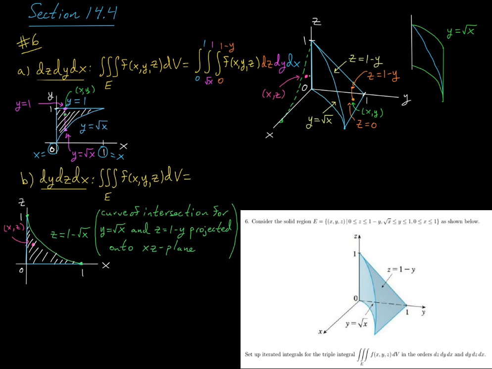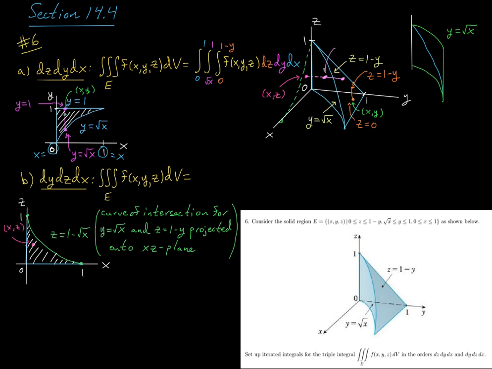So where will y vary between? Well, it's going to vary between, going to come out here. We're going to first hit this face here, this curved face on the cylinder, and then we're going to go out until we hit the plane.